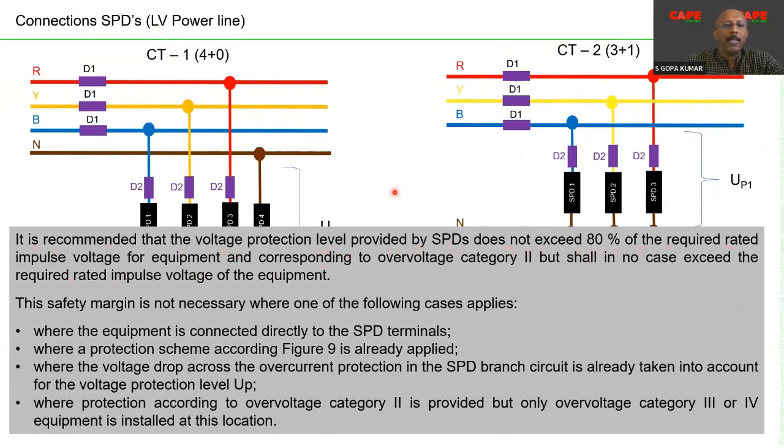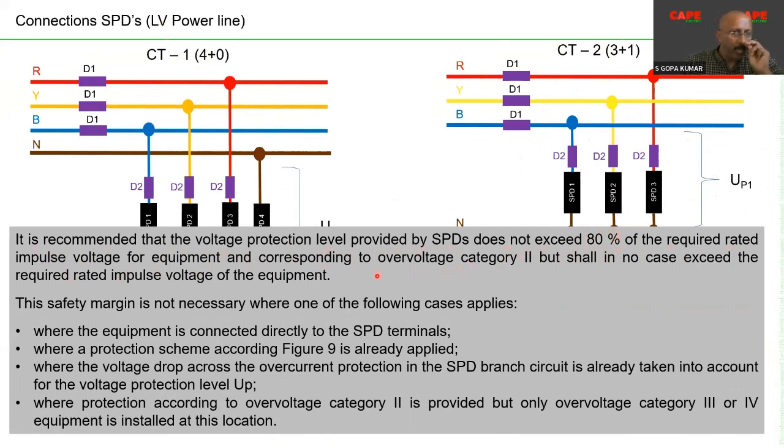The standard recommends that you select and install SPDs in such a way that finally the SPDs are not allowing a voltage of more than 80% of the withstand voltage of the MCB. Let's say 4 kV is the 100% withstanding, 80% is something about 3.2 kV. So the effective protection level provided by your SPD must be lesser than 3.2 kV.